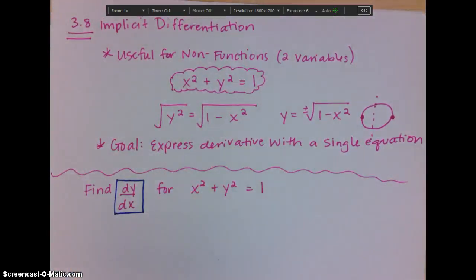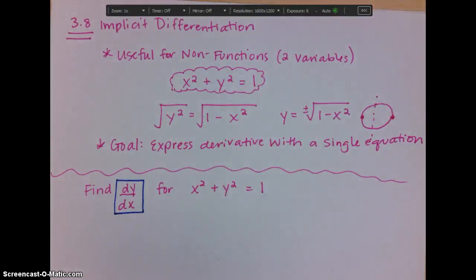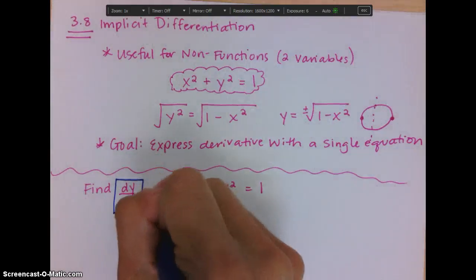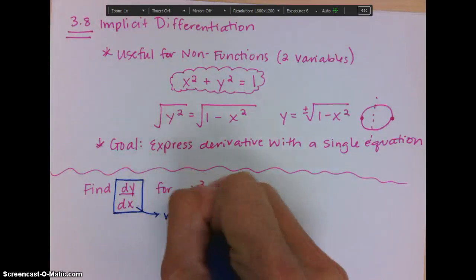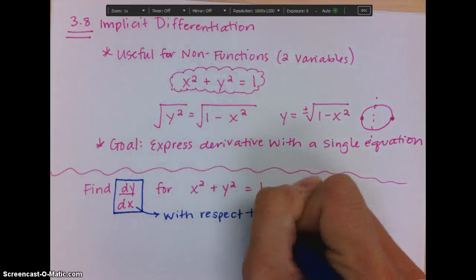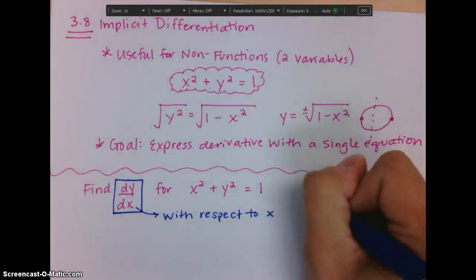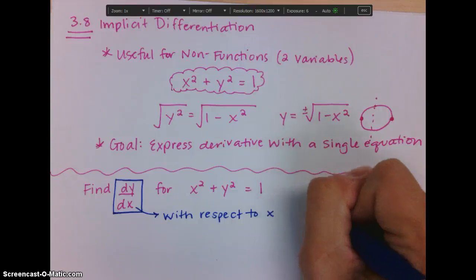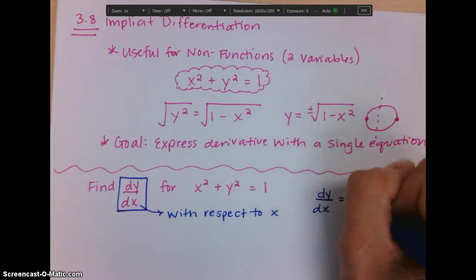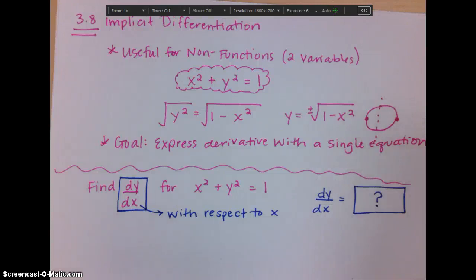That's important because since we have two variables, it's not clear which one we're taking the derivative with respect to. So this notation tells us that we want to do it with respect to x. So our final answer should be able to be written in the form dy dx equals something. Okay, so we'll keep that in mind as we work.